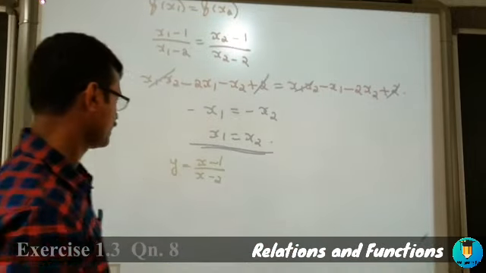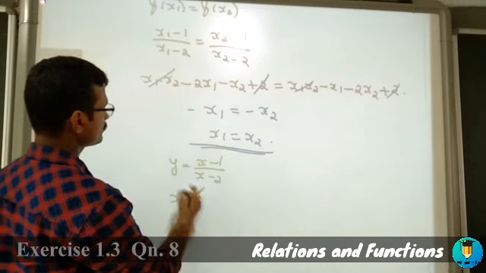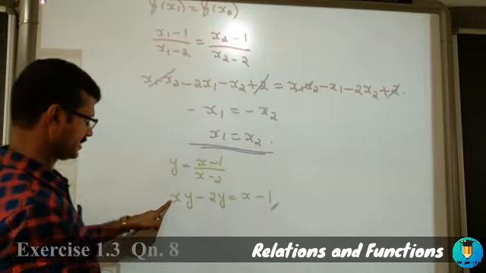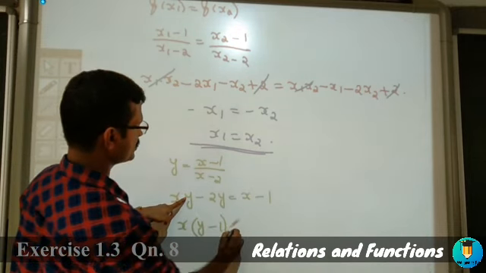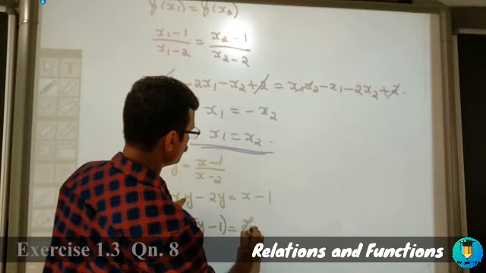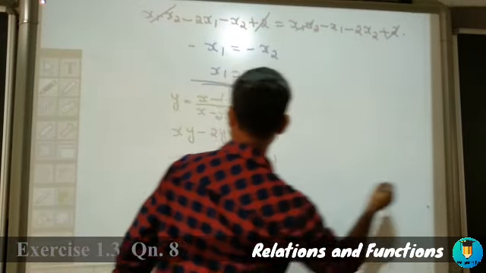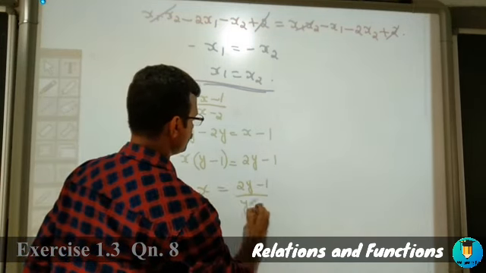Here first of all I am making x the subject, cross multiplying and making x the subject. X times, I am grouping on one side, (y minus 1)... 2y minus 1, x is equal to (2y minus 1) by (y minus 1).